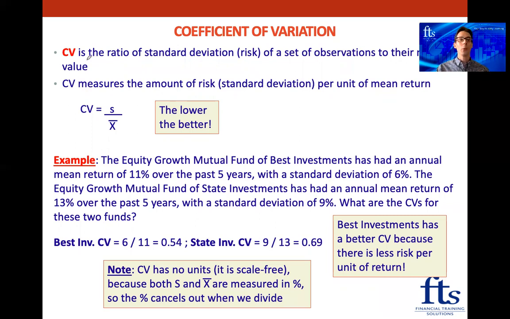It's a ratio of the standard deviation, which remember we said is the risk, of a set of observations to their mean value. Our mean is our most common measure of central tendency, so now we're combining both of them together, which is fantastic. So what does this thing measure? It measures the amount of risk, which is our standard deviation, per unit of mean return.